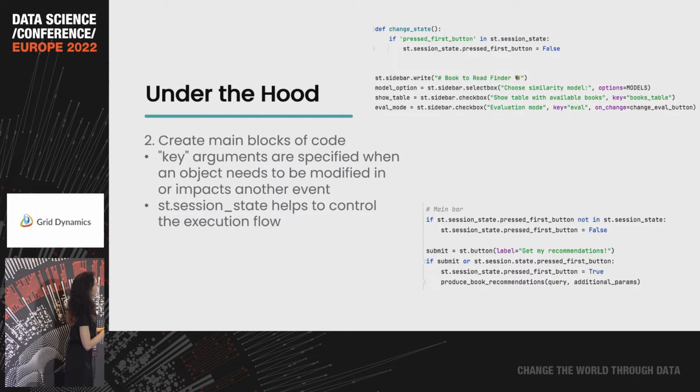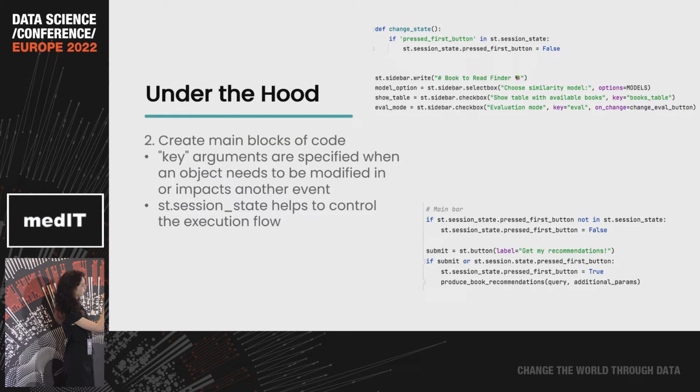And here we have this checkbox, for example, on change. We change this evaluation button, and when we click evaluation mode, we see in this program it sets the state press first button to false. So it means that the program will ask us again to click the submit button.